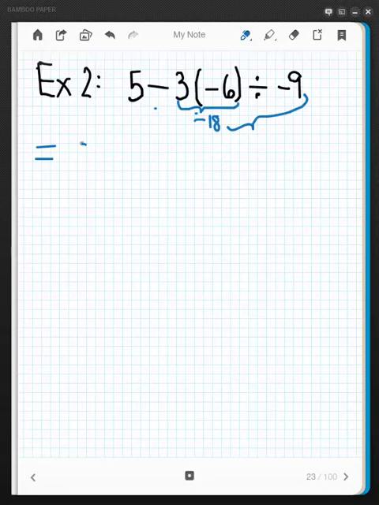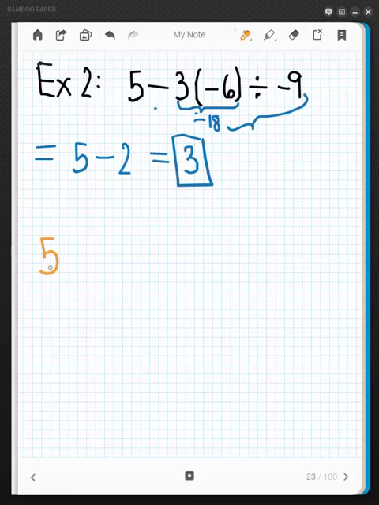So now I'm going to recopy the problem. This looks like 5 subtract, and then negative divided by a negative is a positive, and 18 divided by 9 is 2. And then that looks just like 5 minus 2, which is 3. Now that isn't the only way that I could do this problem. Another way I could look at this problem is I could say, oh, well, this is really 5 plus, and then I could change this to addition, right?